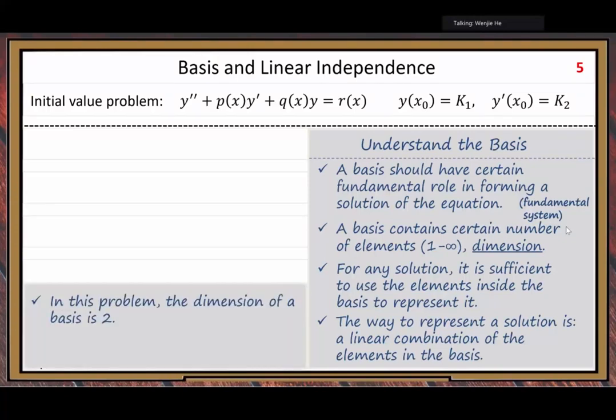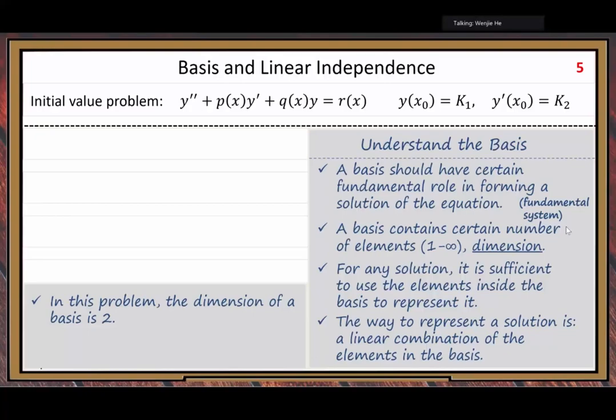In this problem, the dimension of the basis is 2: y1, y2. Why only y1, y2? We do not have y3. If we want y3, we need to require y3 to be independent of y1, y2, but we will not have an independent y3.